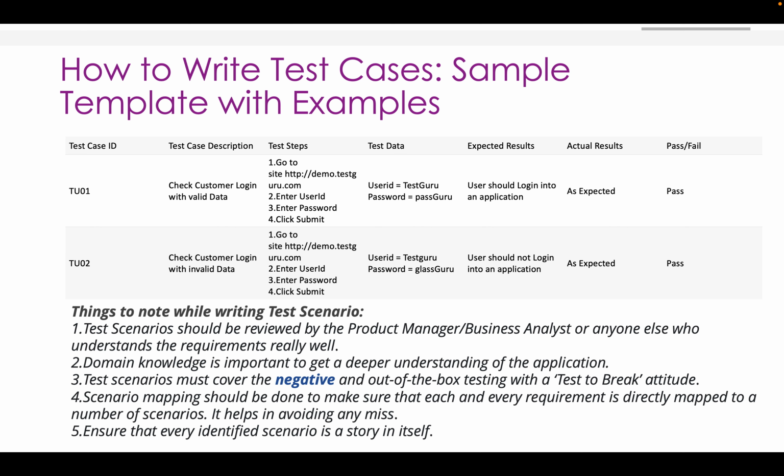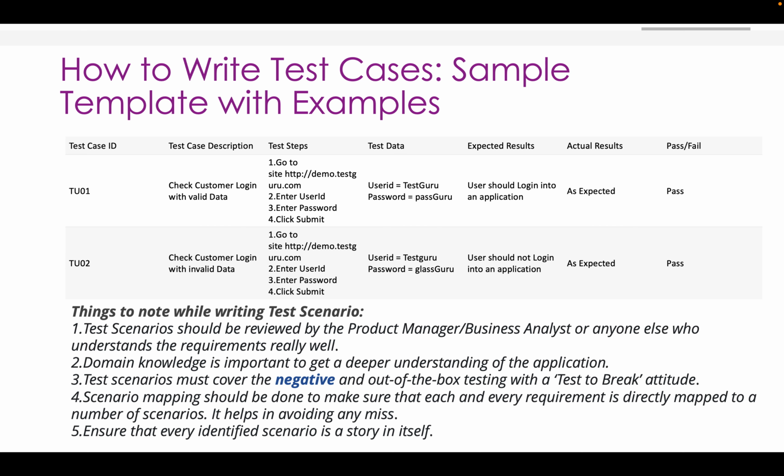Okay, so to write a test case, we need to keep something in mind while writing any test scenarios or test cases. When we write a test scenario, it should be reviewed by the product manager, business analyst, or anyone else who understands the requirements really well, and all the stakeholders.